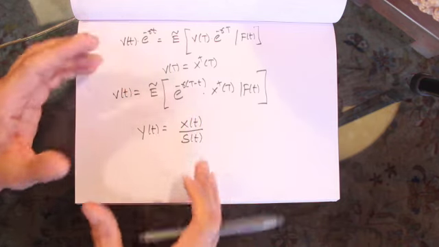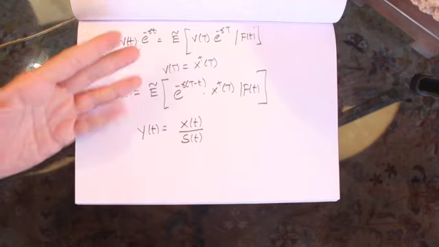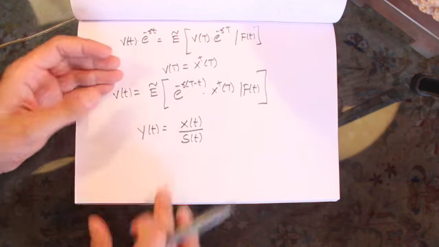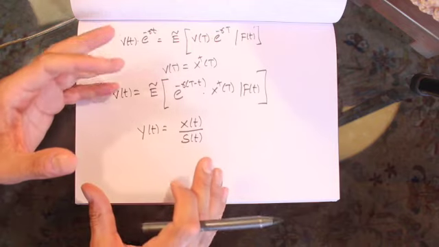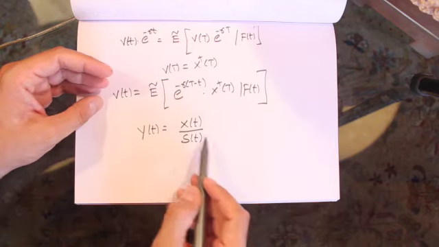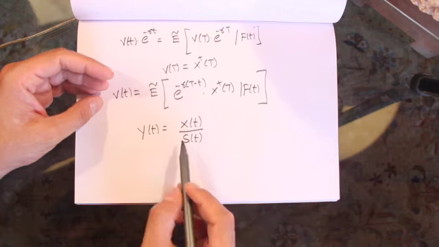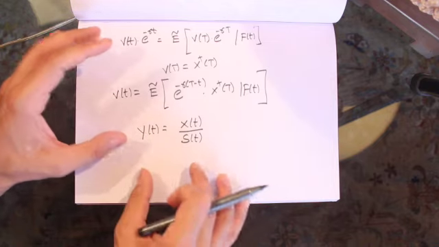This is a change of numeraire. What we're doing is changing the accounting unit. Earlier X of t was measured in terms of dollars. Now we are dividing it by S of t, so that gives us the value of the portfolio in units of the risky asset, and that's denoted by Y of t. So this is a change of numeraire.